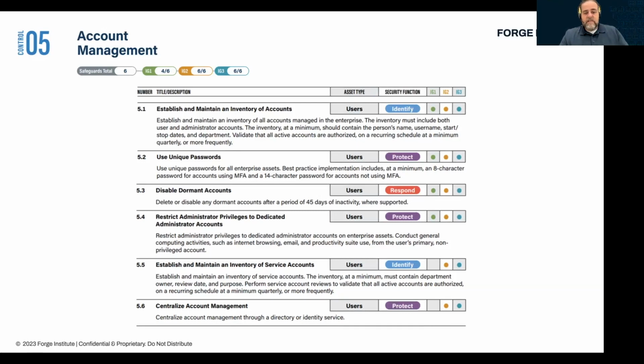And remember when I said that the NIST document isn't just pulled out of thin air. It references a lot of industry standards. Well, this CIS document does as well. So all of these tie together. They're all meant to be complementary, but they're meant to help in different ways.